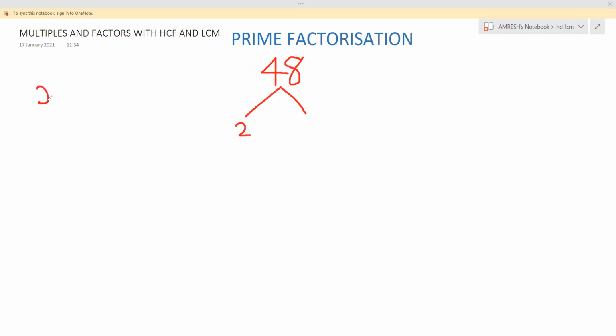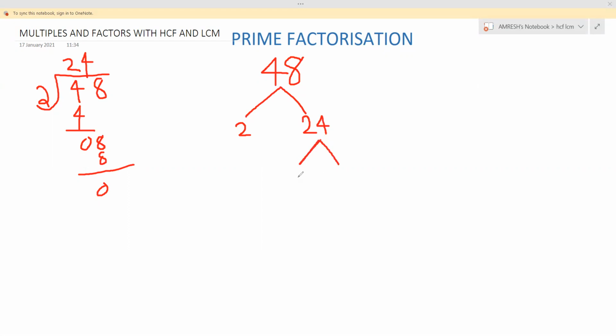So first you will divide 48. 2 twos are 4. 0, and 8 is left. 2 fours are 8. 0. So 24 came, right? 24 again is divisible by 2. Even number, it is 12.